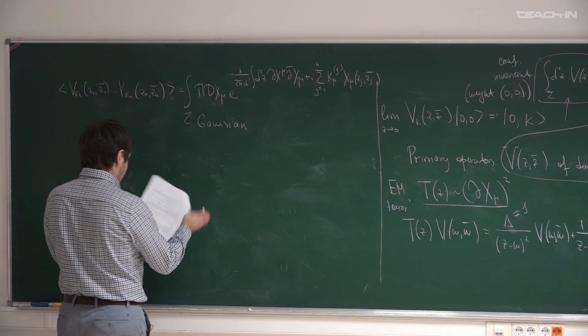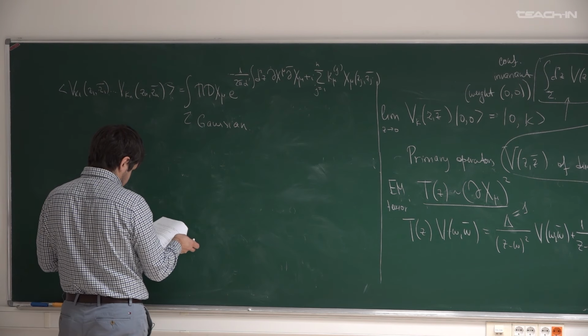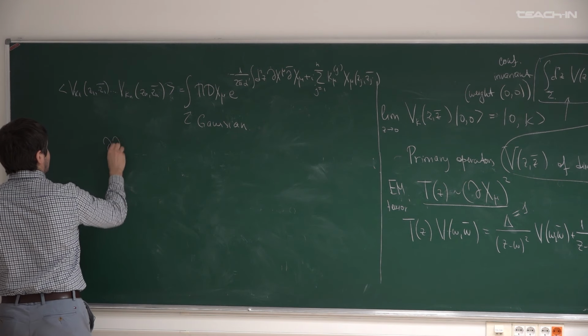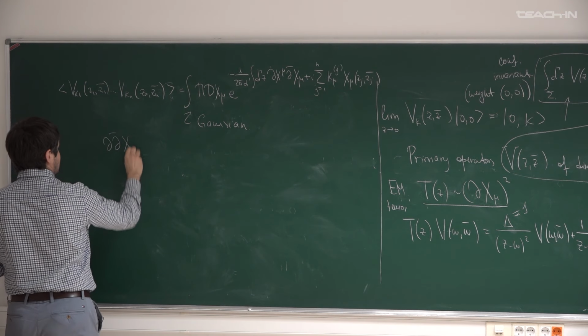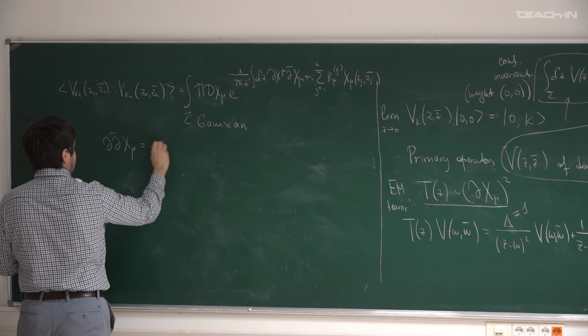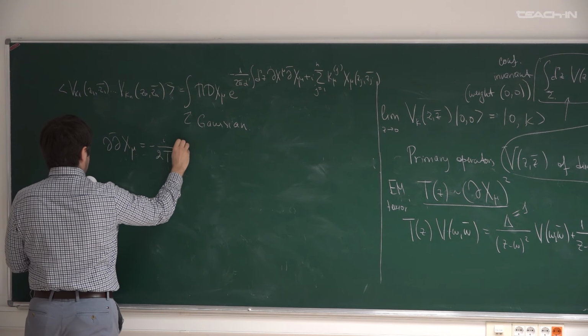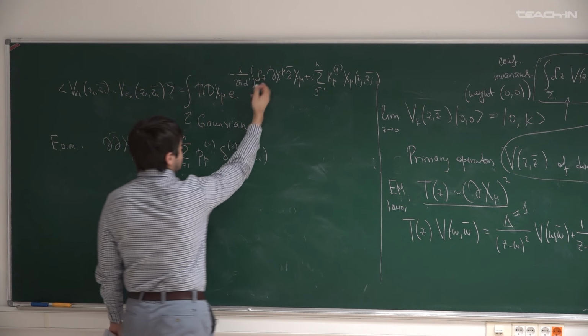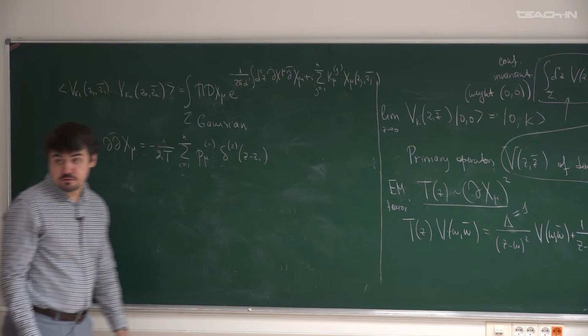So here the equation of motion is, as we've written it out earlier, d d bar x mu minus i over 2 t sum over j of k j mu delta function at z j equals zero. So this is the equation of motion. We're just varying the exponent with respect to x.